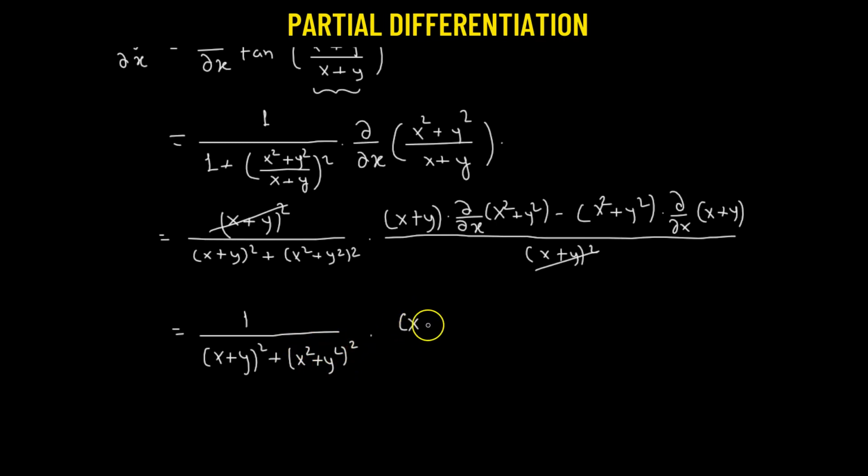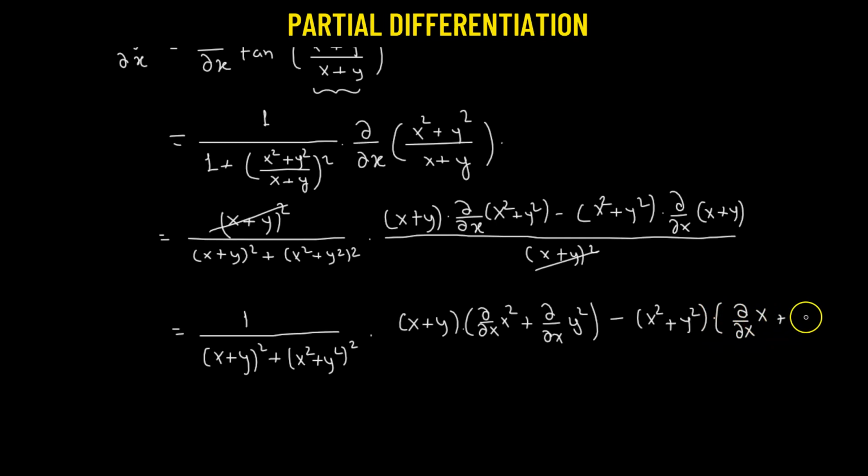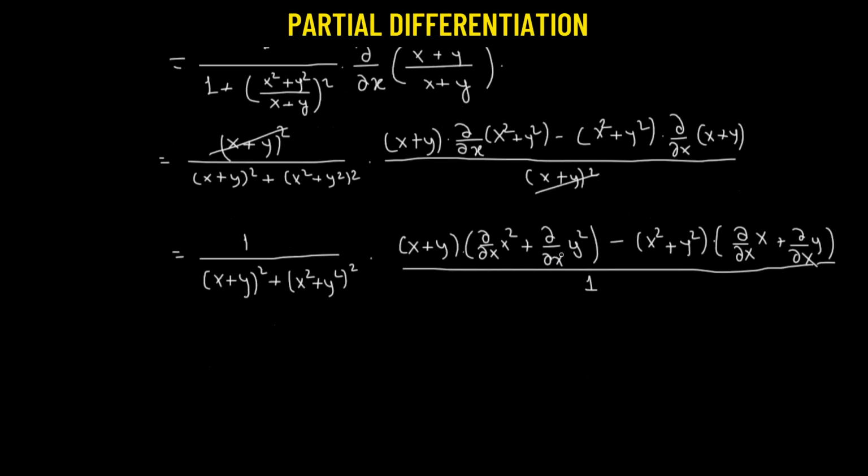In the numerator now we have x plus y multiplied by the partial derivative of x squared plus y squared. Let's do that. The partial derivative with respect to x of x squared plus the partial with respect to x of y squared, minus x squared plus y squared multiplied by the partial with respect to x of x plus the partial with respect to x of y, whole divided by 1, which we have already cancelled out.